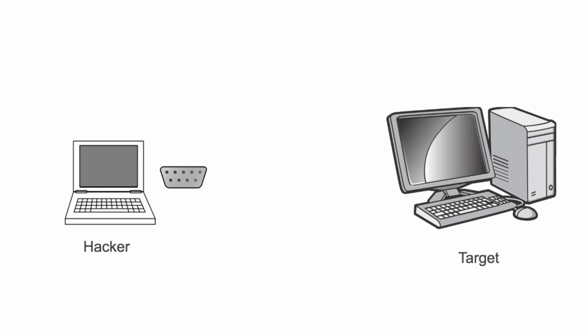However, if we go with the reverse communication, instead of opening a port in the target machine, we open a port in our machine, or in the hacker's machine. And then when our backdoor is executed here in our target machine, the backdoor will connect to our computer, or the hacker's computer.